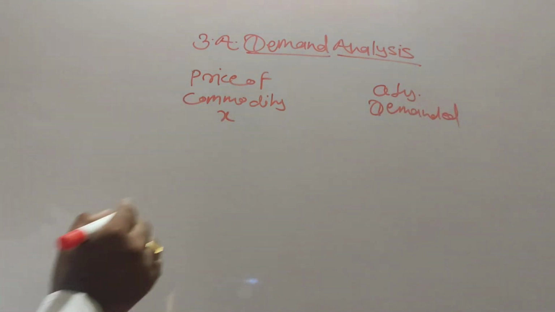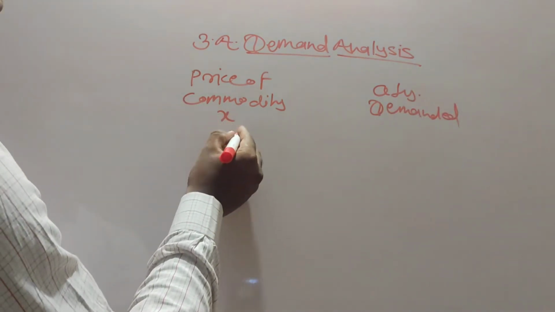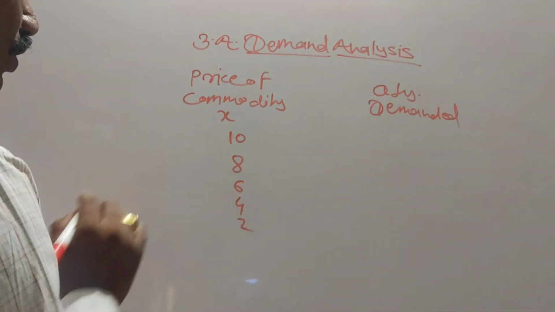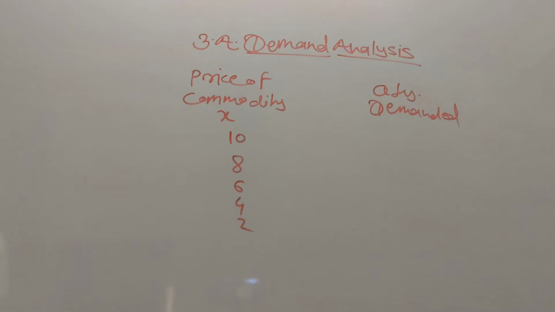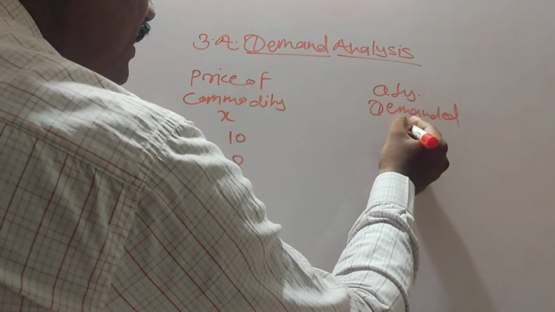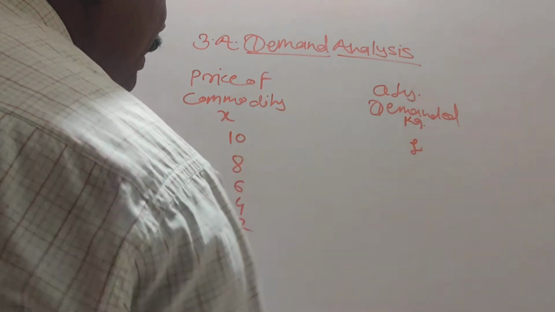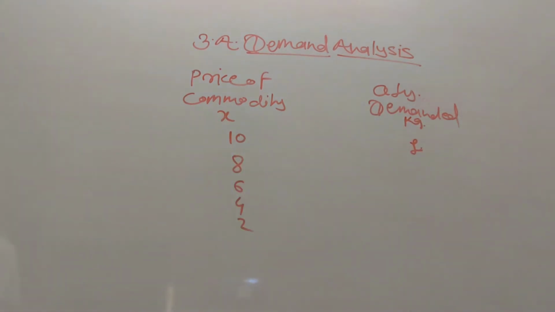Prices are given as 10, 8, 6, 4, 2. When price is 10, that is the maximum price, the consumer demands only 1 kg of commodity. Only 1 kg of commodity.